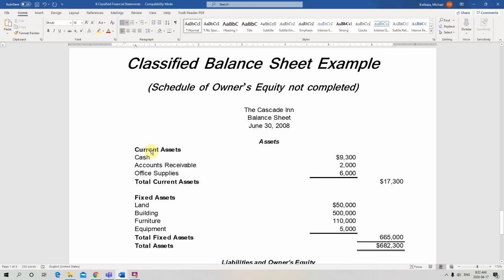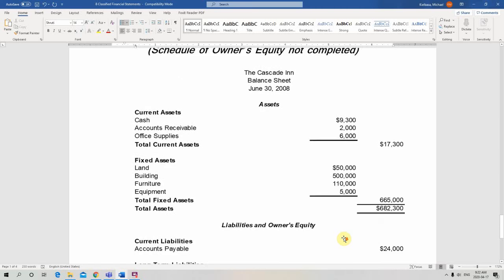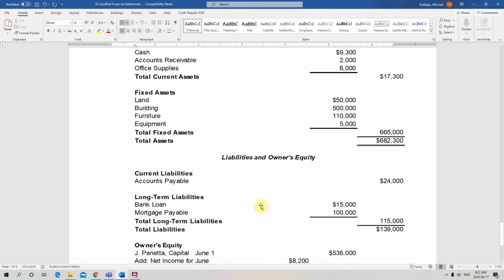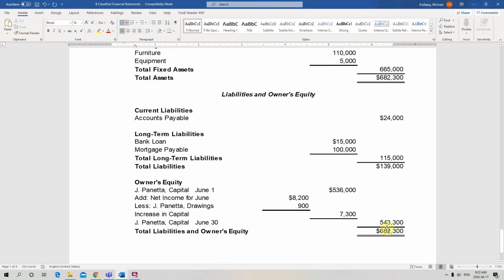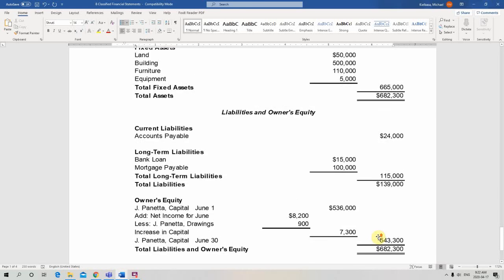You'll still have assets, but they'll be broken up into current and fixed assets. Okay, and you'll have subtotals for both, and then finally get a total for the total assets. Okay, same goes for liabilities. You'll have current liabilities and long-term liabilities, and then a total for total liabilities. Okay, and that's the classified balance sheet. Now, we're going to go back up for a second because we have to discuss a couple other things.